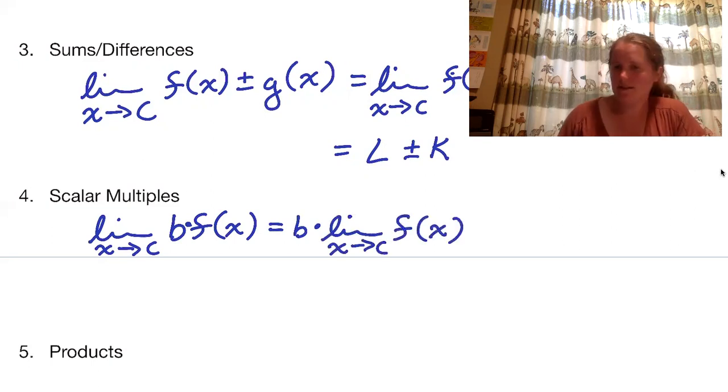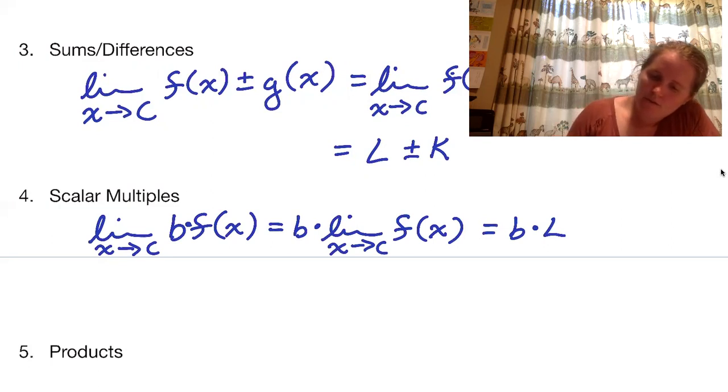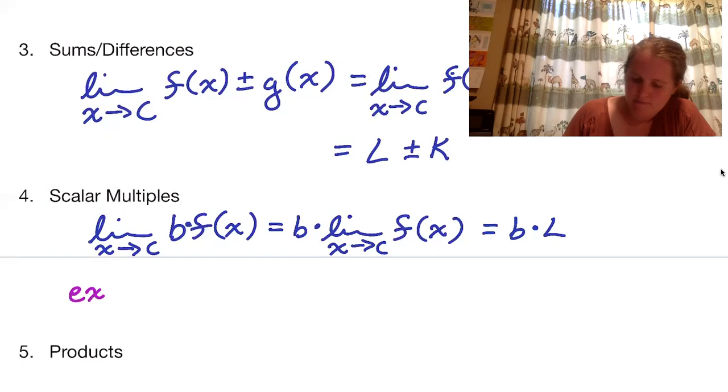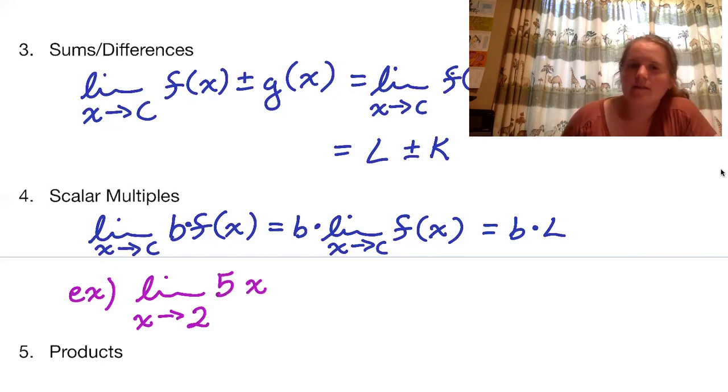So in this case, that would just be b times whatever that limit was, which we defined as L. So for a specific example, let's just do the limit as x approaches 2 of the function 5x.